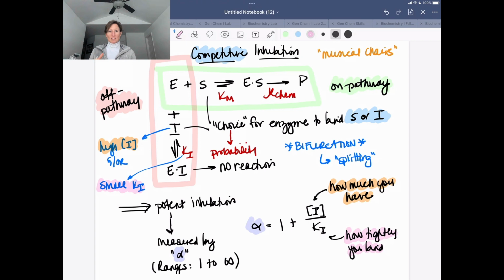So putting both of these together, let's say you had both of these situations, a high concentration of inhibitor that binds very tightly: a large number in our numerator, a small number in our denominator, makes this a fairly significant number that we are adding to 1. We are creating a potent inhibitor situation.